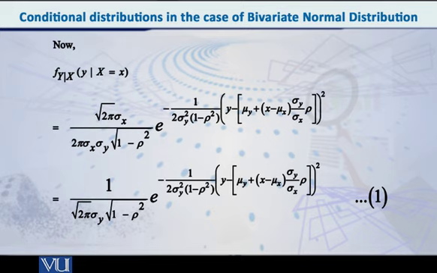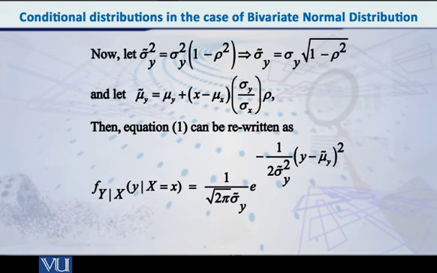लेकिन एक्चुअली माय डियर स्टूडेंट्स, I will make two substitutions and you will see that this is the PDF of a normal distribution. So what I'm going to do is this. I'm going to let sigma y square into 1 minus rho square be equal to sigma tilde y square.